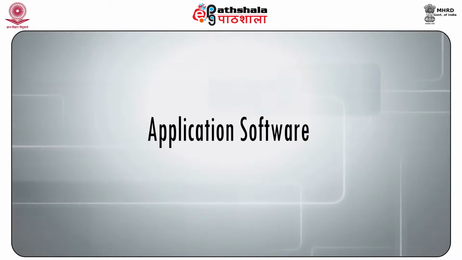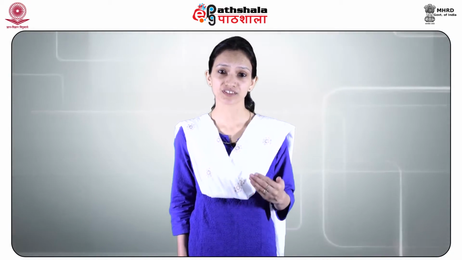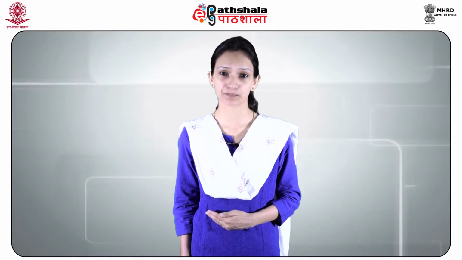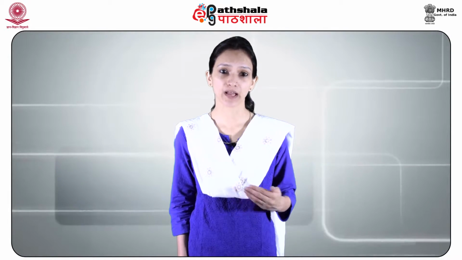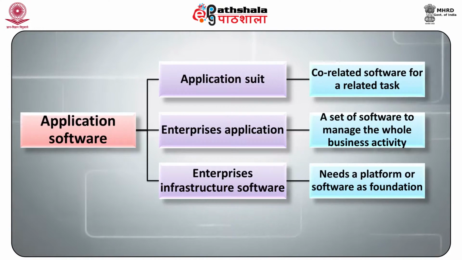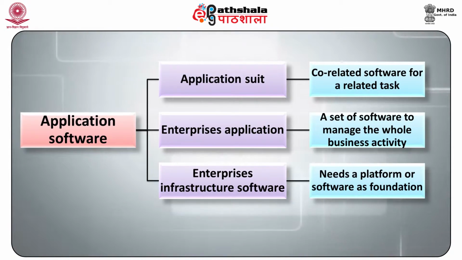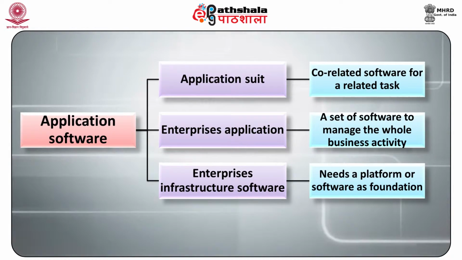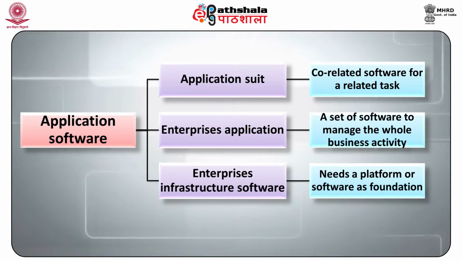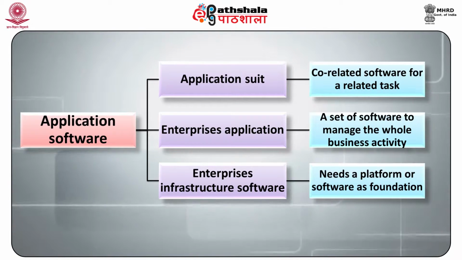Now, types of software. First is application software. It is a software which is designed for a specific task completion. Some of the types of application software are: first, application suite. It is correlated software for a related task. For example, we can take Office suite or CorelDRAW suite. Second, enterprise application.